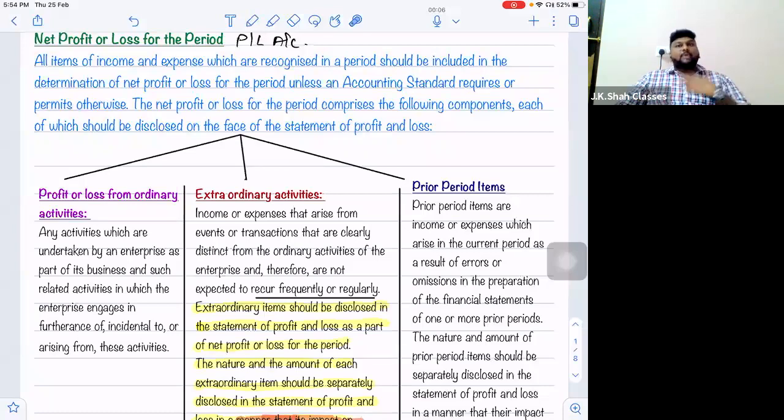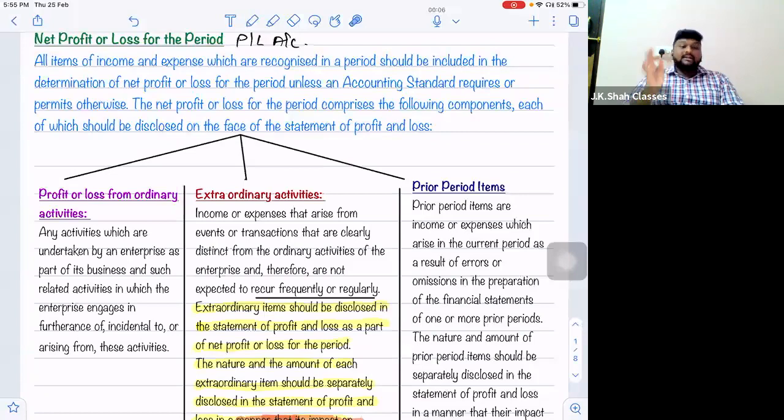Here I am talking about those incomes or expenses which arise in the ordinary day-to-day activities of our business. These are purely operating incomes and operating expenses. And I can also say the frequency of occurrence is too high, meaning they are recurring in nature.